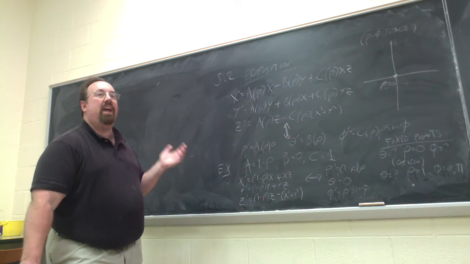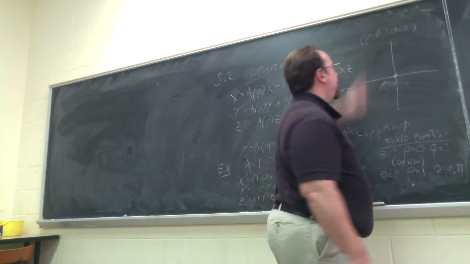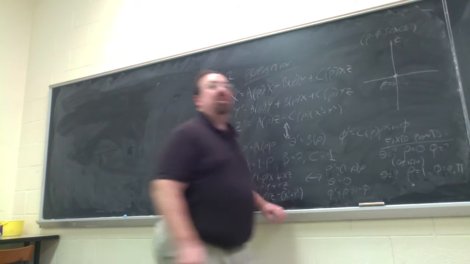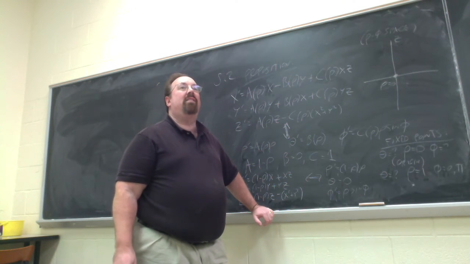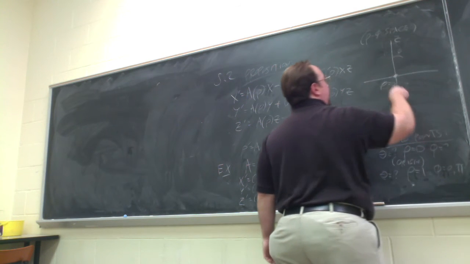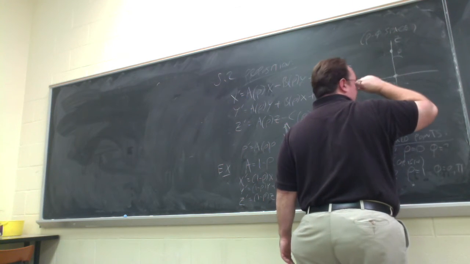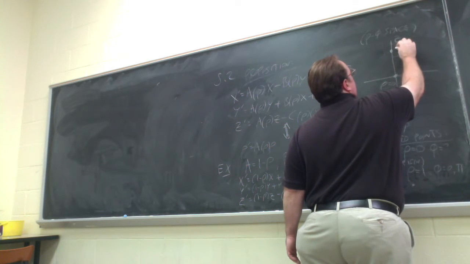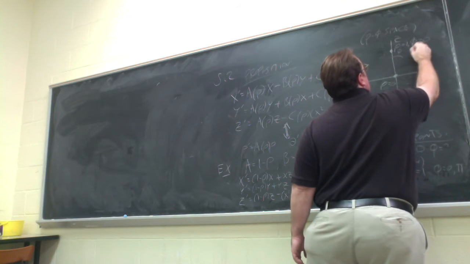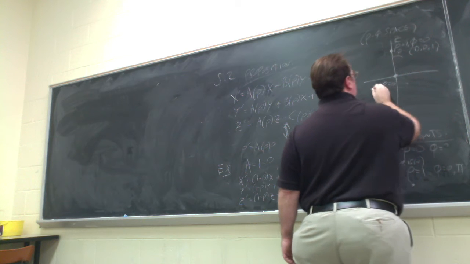Phi is the angle of inclination against the positive z-axis. This is the angle phi. So if phi is 0, we're up here. It's basically like the North Pole. So the top of the unit sphere, rho equals 1, phi equals 0. In other words, that's the point 0, 0, 1 in Cartesian coordinates.